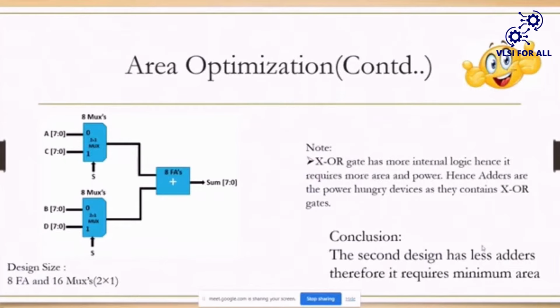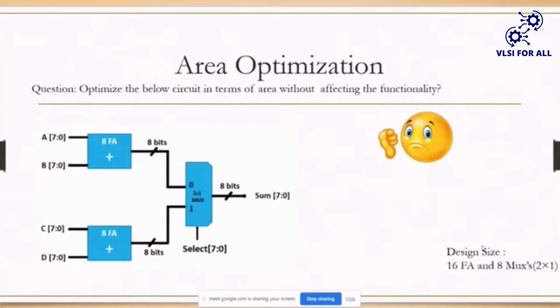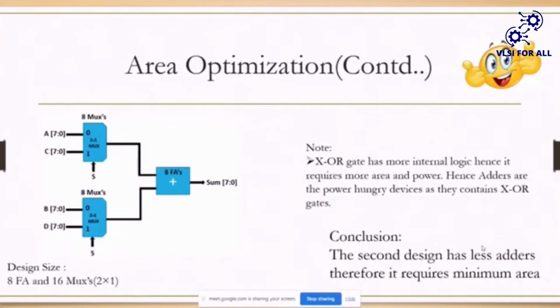But still you see how many multiplexers you require: 16 2-to-1 multiplexers, but how many full adders you require? 8 full adders. As I said, the full adders contain XOR gates. Adders are power hungry devices. Hence, try to see that your design contains less number of adders. Now you see, compare with the previous one, it is 16 full adders and 8 multiplexers.